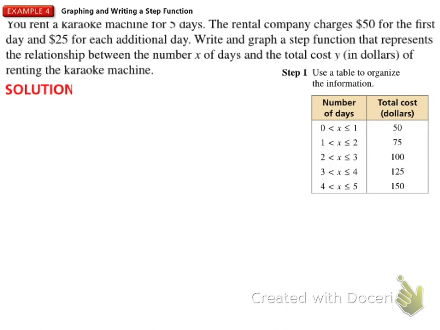So do you understand, from day 0, even half a day, up to day 1 and including day 1, you pay $50. But a minute past day 1, you pay what? $75. A minute past 2 days, you pay the $100.